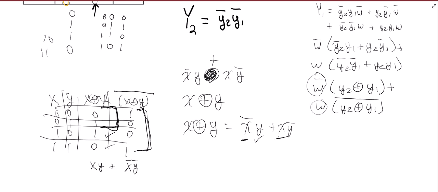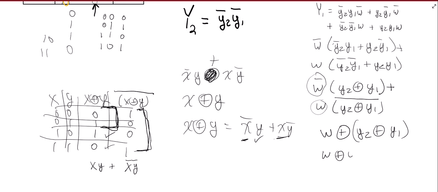Now, if you look at what I've got here, I've got w bar and w, and I have y2 exclusive OR y1 and the not of that. So I actually have the exclusive OR of these two items right here. I have w exclusive OR y2 exclusive OR y1, and with exclusive OR it doesn't matter what order you do them in.